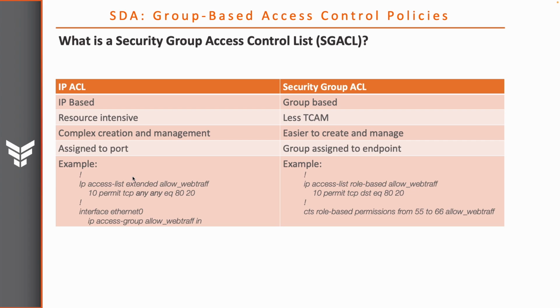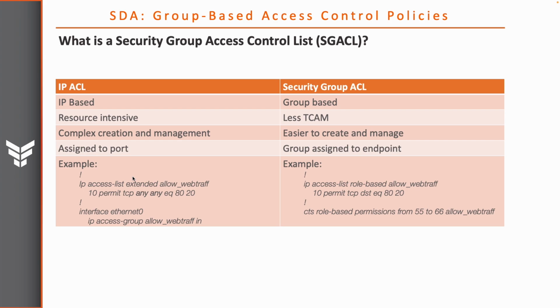So just as a quick comparison between our standard traditional IP ACLs and our security group ACLs, the IP ACLs are based on the IP addresses of the source or the destination. It can be any IP address, or we can represent a specific host or a range of addresses.